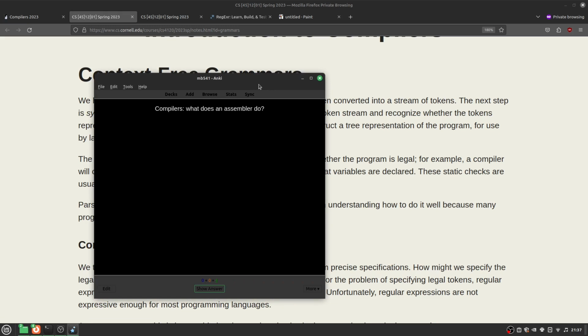Okay. What does an assembler do? An assembler takes assembly code from the compiler and it creates relocatable machine code. Good. What does semantics mean? In this context, it means the correctness of a language according to some specific definition of a language.